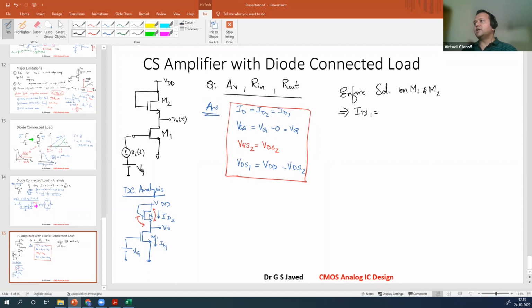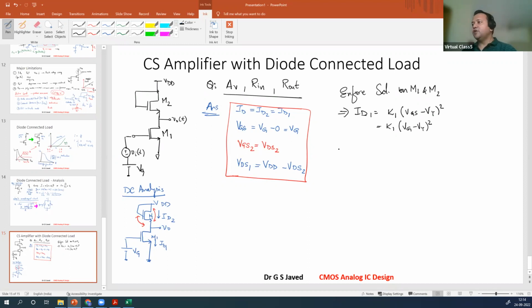ID1, that is for the device. ID1 will be K1 times VGS minus VT whole square. This will be K1 times, VGS is VG, VG minus VT the whole square. Next, what is the ID2?